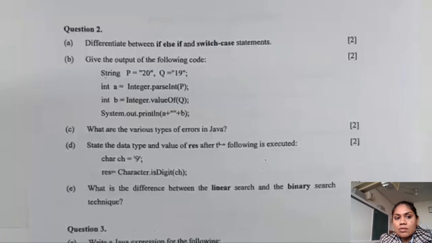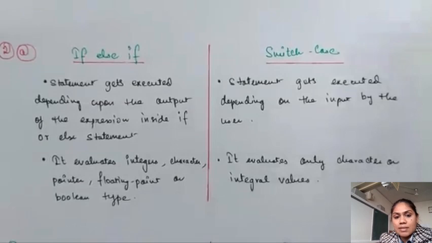Next student, question number 2. First question, differentiate between if, else if and switch case statement. So here is the difference. If, else if statement gets executed depending upon the output of the expression inside if or else if, while the switch case statement gets executed depending on the input by the user.